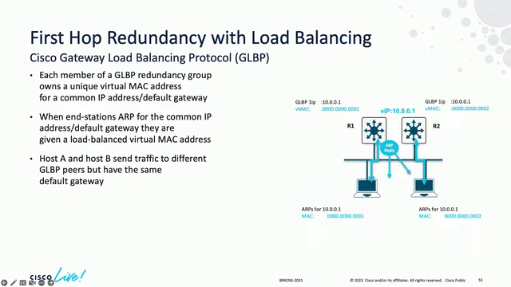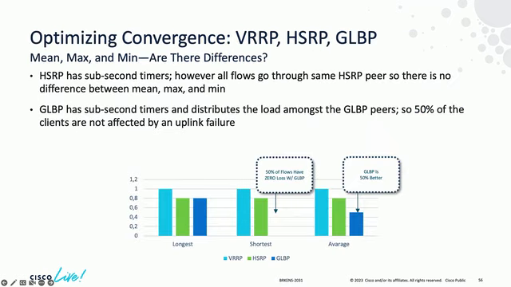If we want to change the situation, then GLBP is an option for us. GLBP relies on the same concept, however, with the assumption that each of the GLBP members has its own virtual MAC address. And by distributing the responses for first hop IP, we can provide different virtual MAC addresses, thanks to which we achieve load balancing. And when it comes to convergence, because I talk a lot about convergence, yes, we can debate how fast we can tune up the timers.